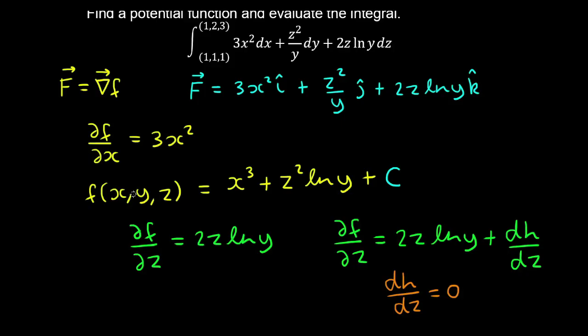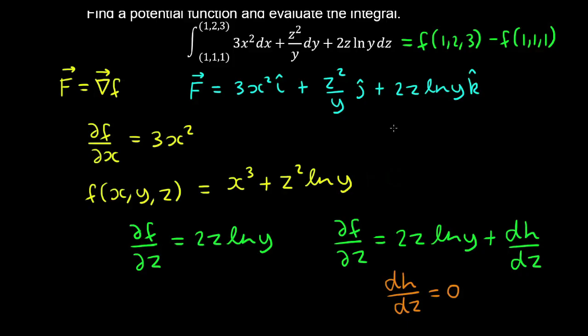So we can take a particular potential function by ignoring the constant of integration. And now we can evaluate this integral by evaluating f at the endpoints. So we have f of 1, 2, and 3 minus f of 1, 1, and 1.